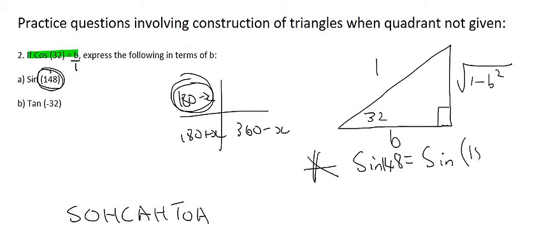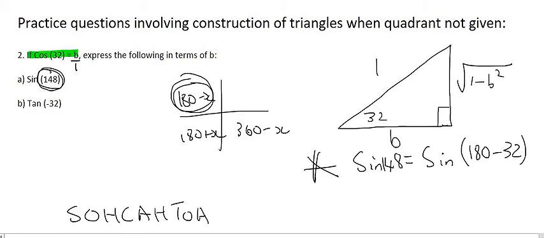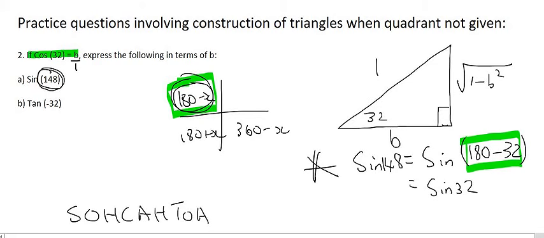So it's going to have to become 180 minus something. Now if you do that on your calculator, 180 minus 32 is what gives us 148. And so because this kind of format is on the CAST diagram, we can simply reduce this to sin 32. If what I'm doing now doesn't make sense, then you just need to watch the video on reductions again, because I have explained it quite in depth in that video.